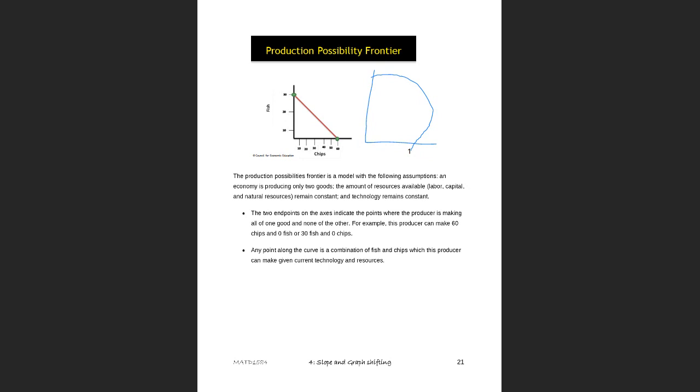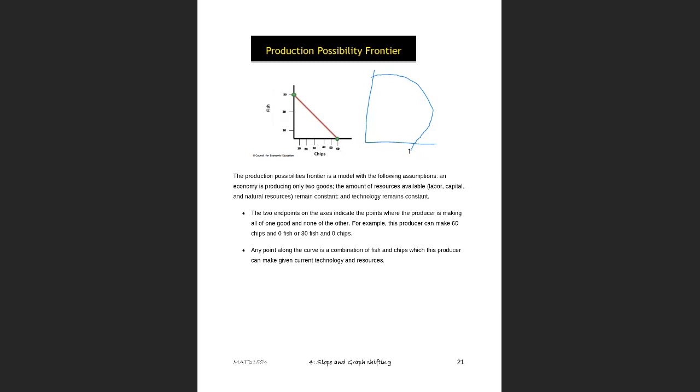Now, what do I mean by the opportunity cost? For instance, here you have 30 fish. If you want to produce 30 fish, you can have 0 chips. Or if you want to buy 30 rand worth of chips, you cannot get any fish.